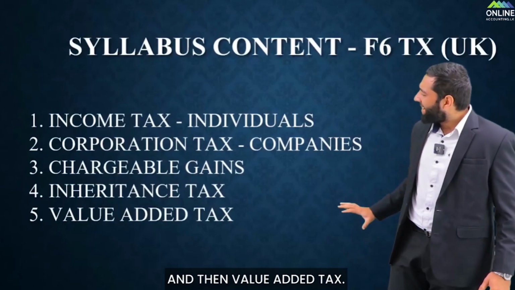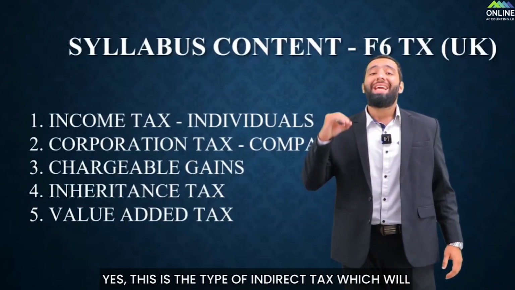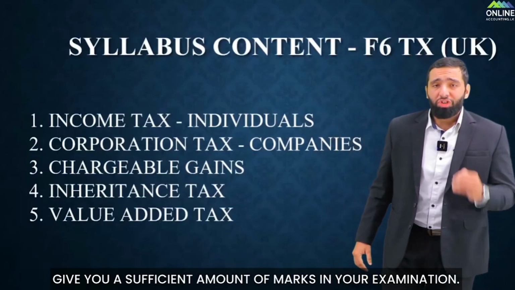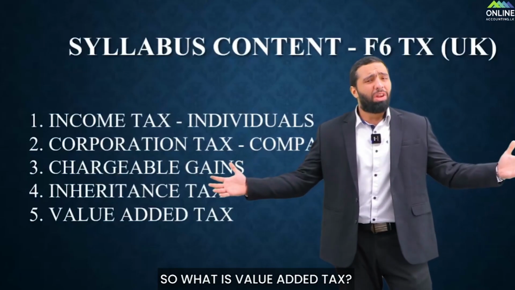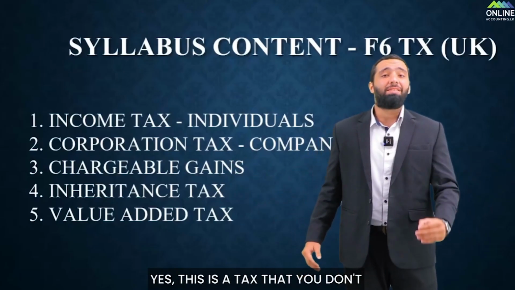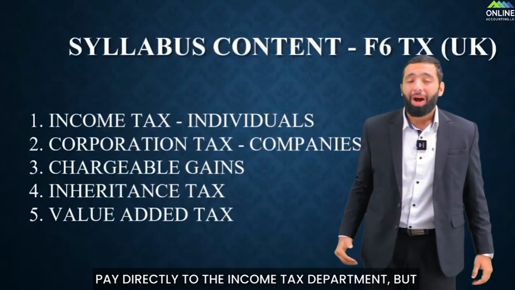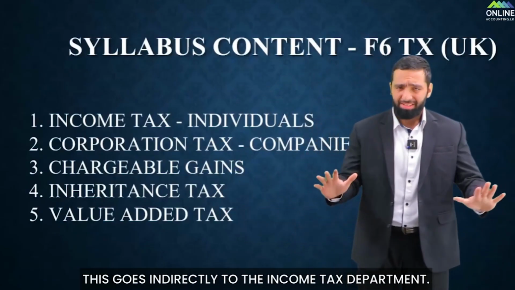And then value-added tax. Finally, what is this? This is a type of indirect tax which will give you a sufficient amount of marks in your examination. So what is value-added tax? This is a tax that you don't pay directly to the income tax department, but it goes indirectly to the income tax department.